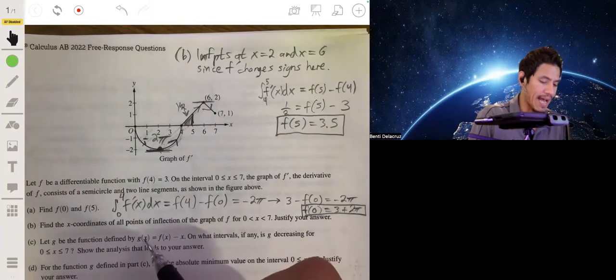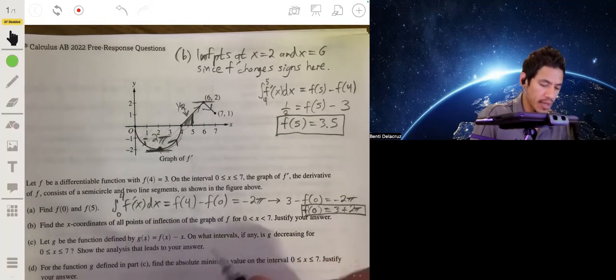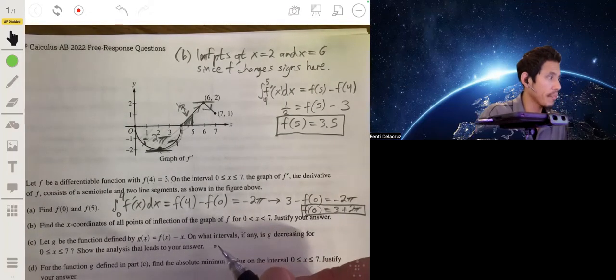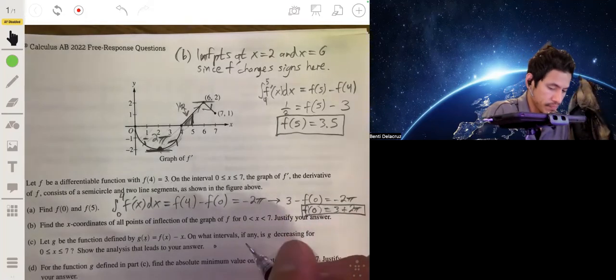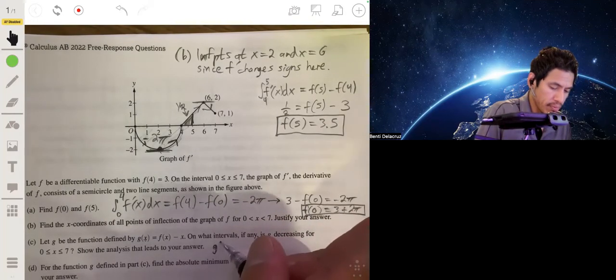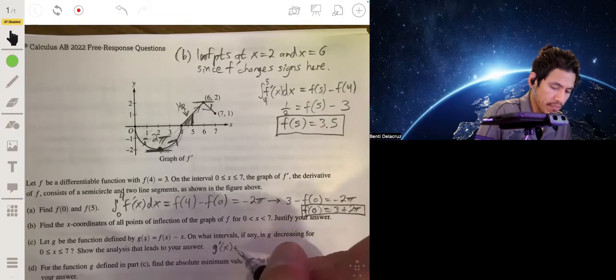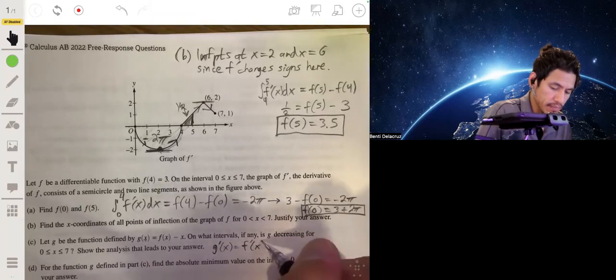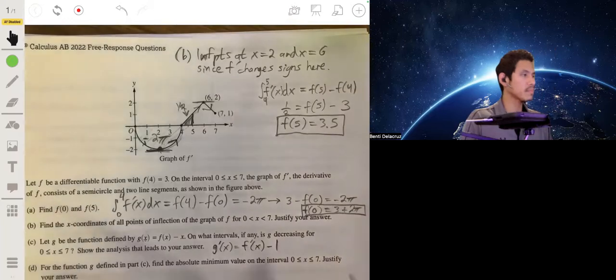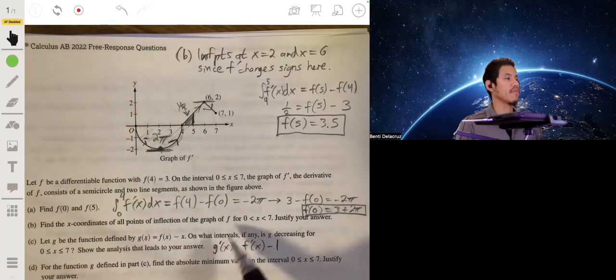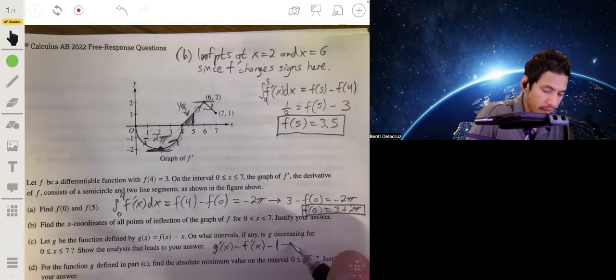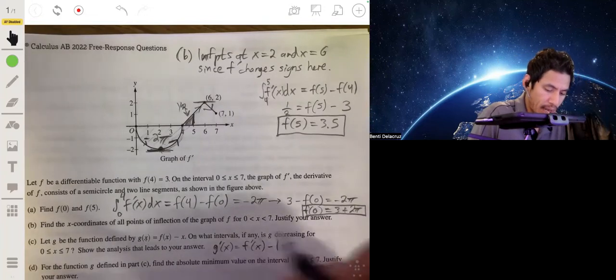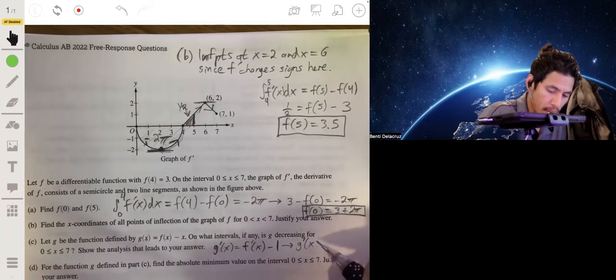So g prime of x is equal to f prime of x minus 1. Since we want to find where this is negative, we want g prime of x less than 0.